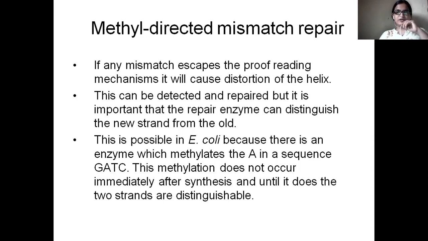Seeing that, it will be known that that particular DNA strand is the old one. This methylation does not occur immediately after synthesis, and until it does, the two strands are distinguishable. So whenever replication is occurring, the methylation of the new strand will not be done immediately. It will take some time.